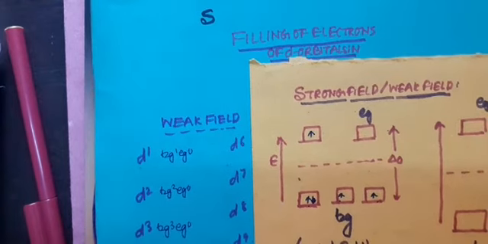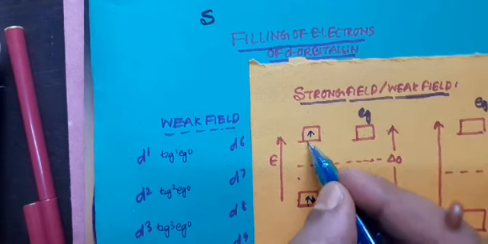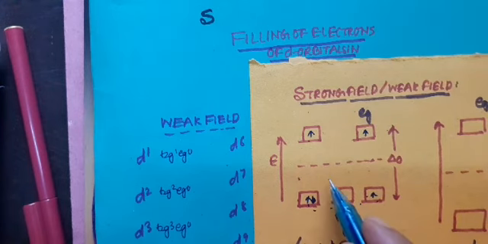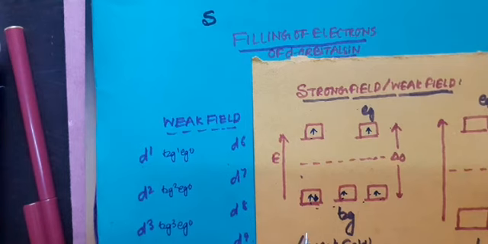If there are 5 electrons, first singly filled 1, 2, 3, 4 and 5. Therefore, the configuration will be T2G3 EG2.